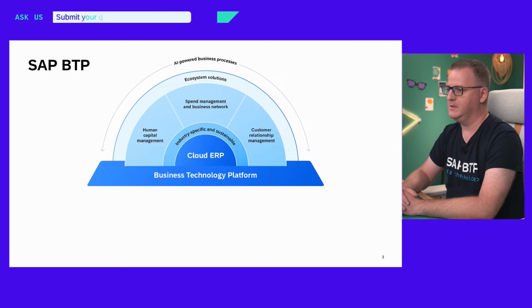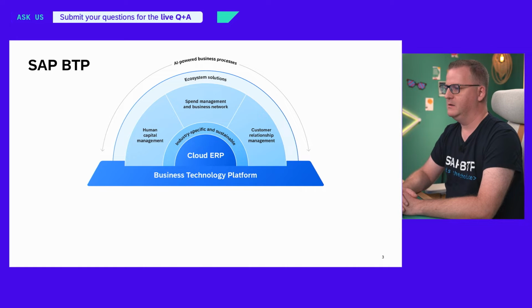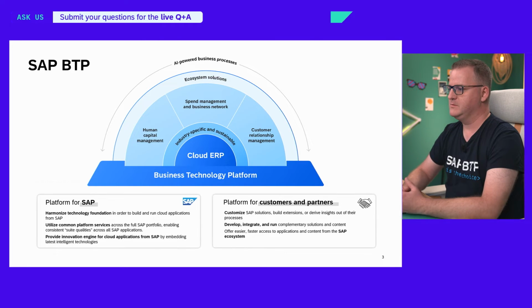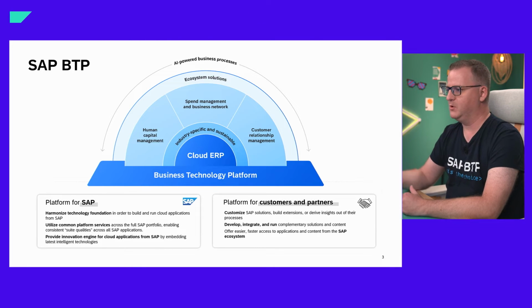BTP, as you probably heard in the keynote, is used by now more than 20,000 customers for different purposes, for different use cases, whether it's for extensions, so keep the core clean, whether it's for integration with SAP solutions and non-SAP solutions, whether it's for deriving insights out of data, or whether it's for customizations.